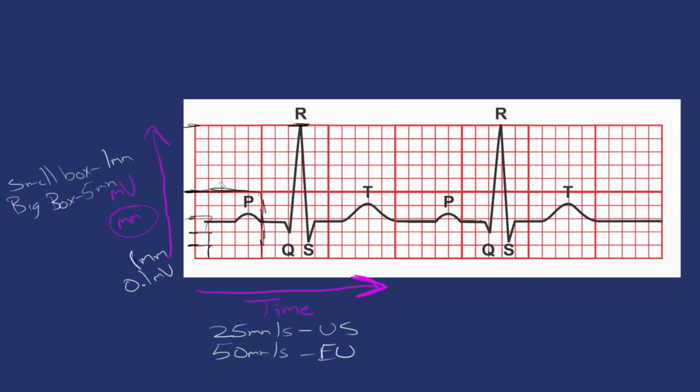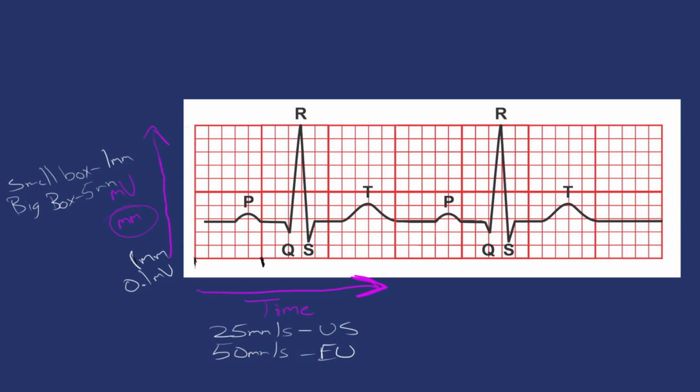Okay. So now if we get to the more important part down below, which is our time, because this is the one we're really going to care about when we're doing our measurements and everything. And that's where those intervals are going to come in. So again, each big box on this, if we're using the 25 mil per second, and we're going to discount from here on out the 50 mil per second.